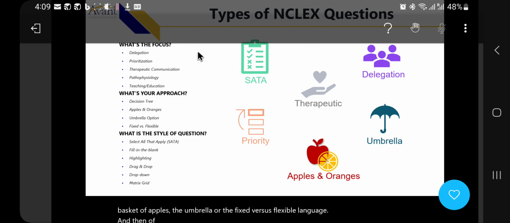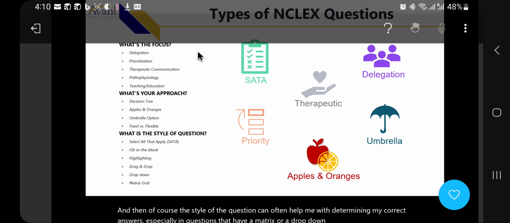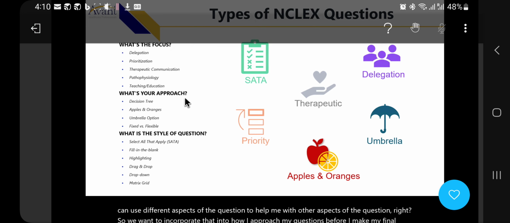And then, of course, the style of the question can often help me with determining my correct answers, especially in questions that have a matrix or a drop down or a drag and drop. Like, I can use different aspects of the question to help me with other aspects of the question, right? So I want to incorporate that into how I approach my questions before I make my final decisions.